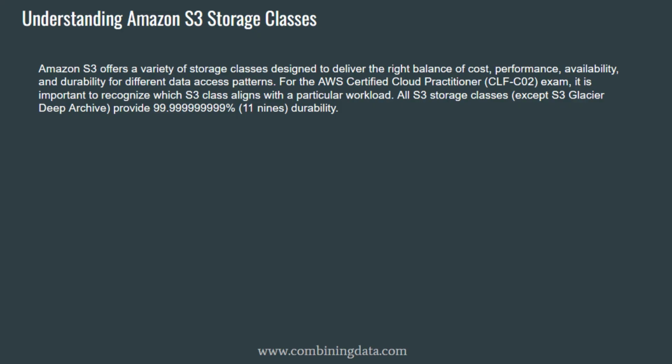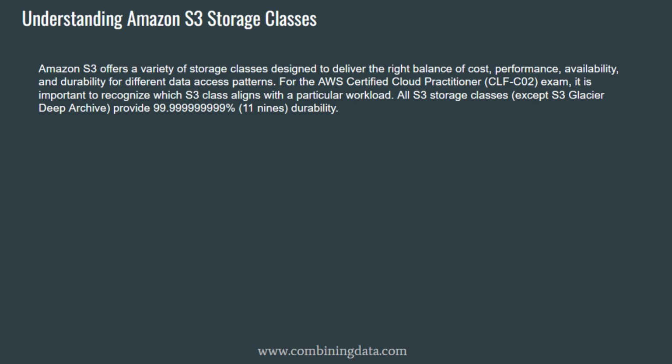Amazon S3 also offers multiple storage classes designed to balance cost, performance, and availability based on how data is accessed. All S3 storage classes provide 11 nines of durability, which means your data is extremely well protected against loss.